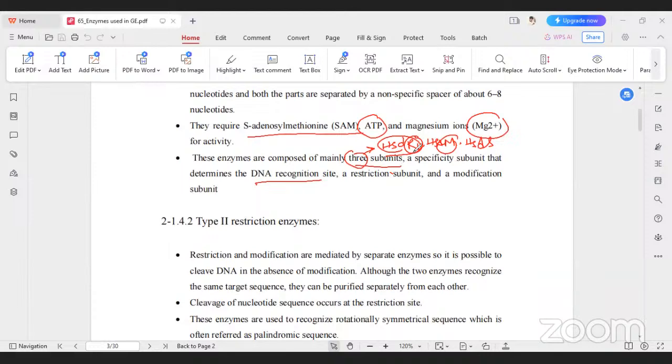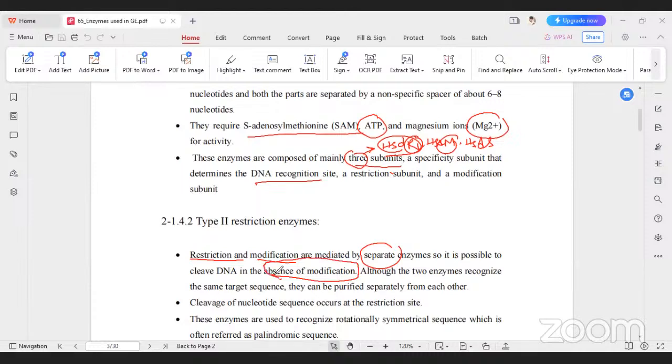And if you take the restriction endonuclease type 2, restriction and modification are mediated by separate enzymes, not the same. That is the first point. In type 1, restriction and modification are by the same enzyme, but here they are mediated by separate enzymes. So it is possible to cleave DNA in the absence of modification.